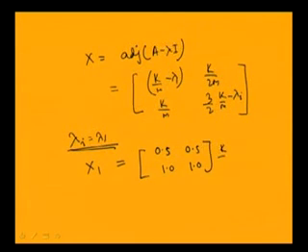So, by normalizing, you can write x 1 equal to 0.51.